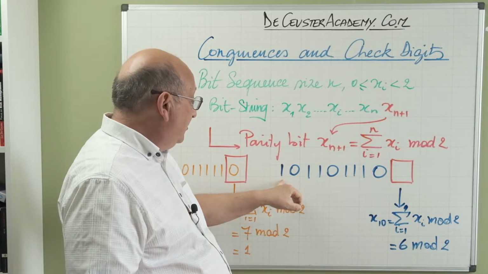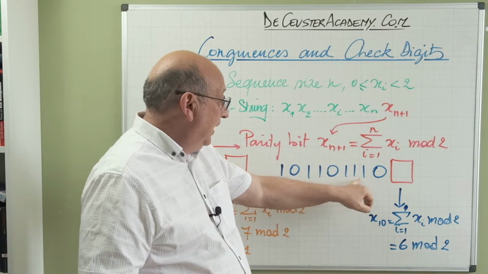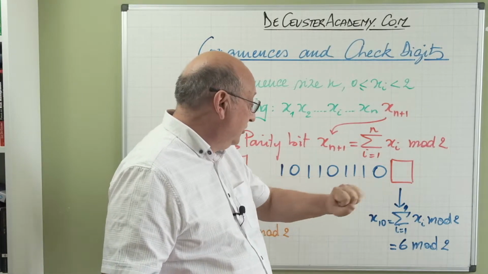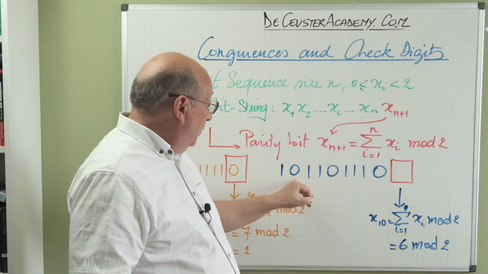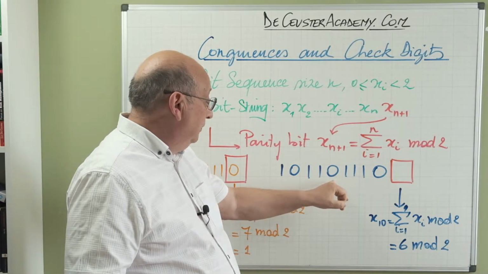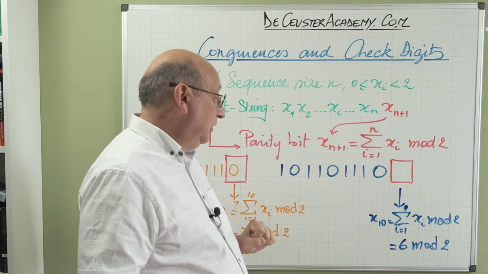We have this bit string 1, 0, 1, 1, 0, 1, 1, 0, 1 and 0. So when we make the sum, we have 1 plus 0 plus 1 plus 1 plus 0 plus 1 plus 1 plus 1 plus 0.